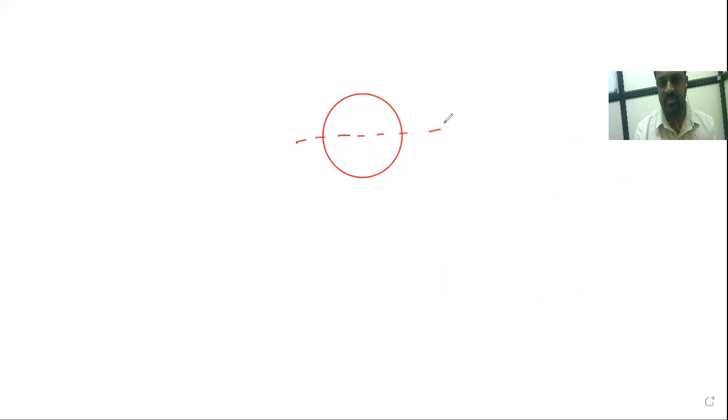This is the conventional representation for the pinion. This is the pitch circle. This is the keyway, or we can call it the shaft location with the keyway. Then we have to draw the conventional representation for the big gear.